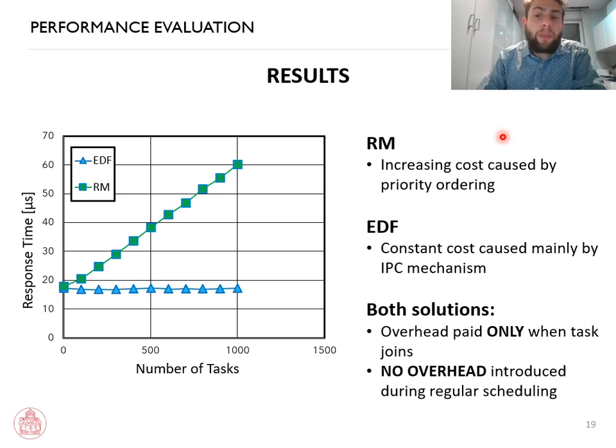But for both plugins, notice that the cost must be paid only when a new task joins the task set, because during the regular scheduling operation, the overhead introduced is zero, because you use directly the policy offered by the kernel.